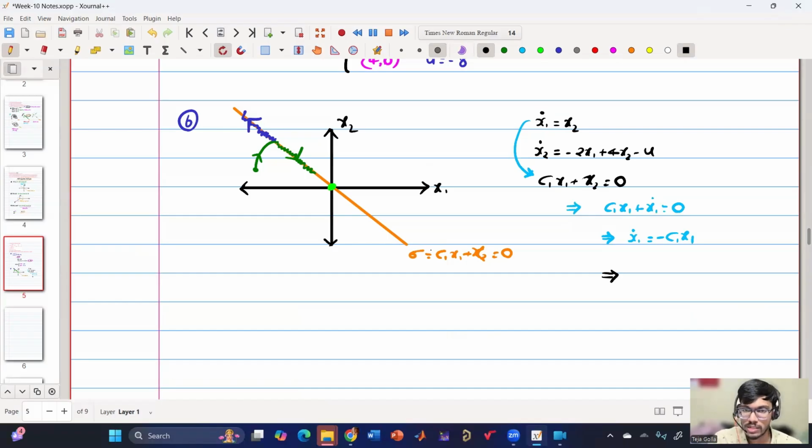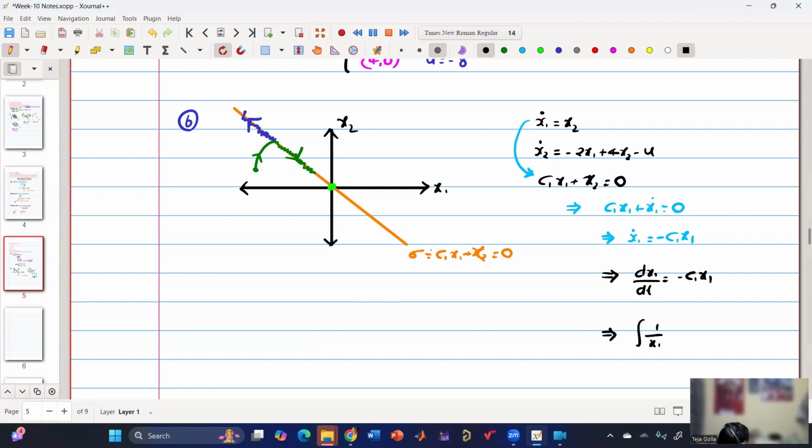We have discussed it yesterday. So we can write this as dx1 by dt is equal to minus C1 into x1. So I'll bring x1 here. So 1 by x1 dx1 is minus C1 into dt, integral.